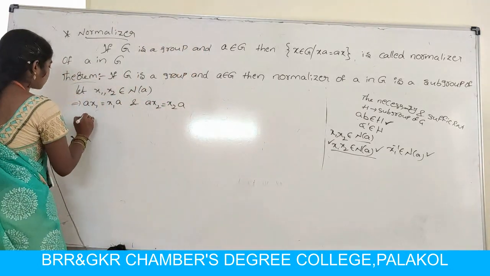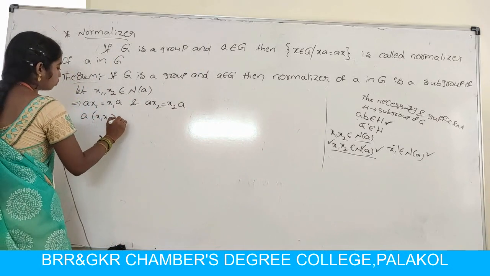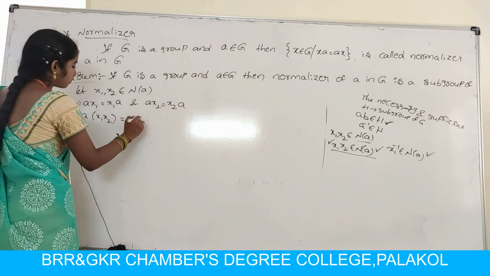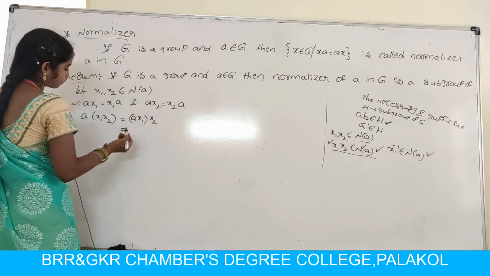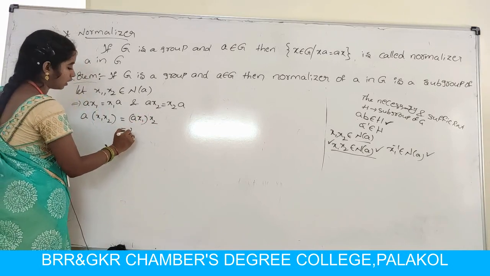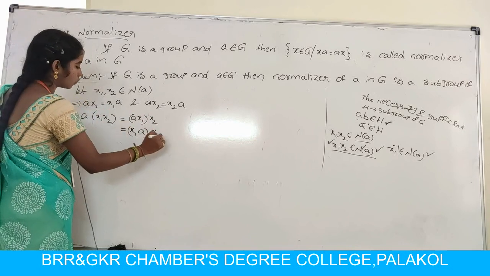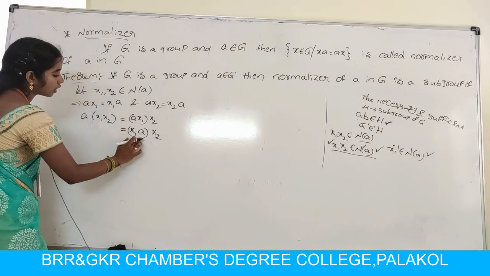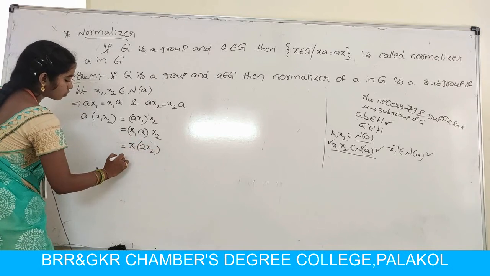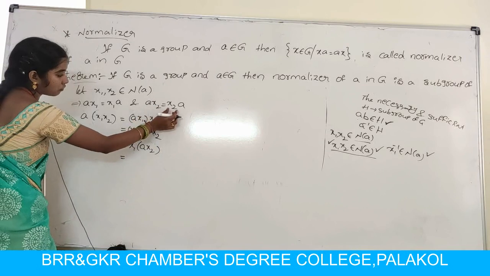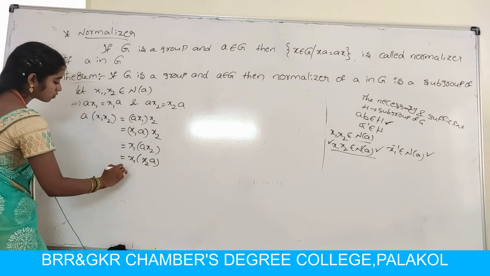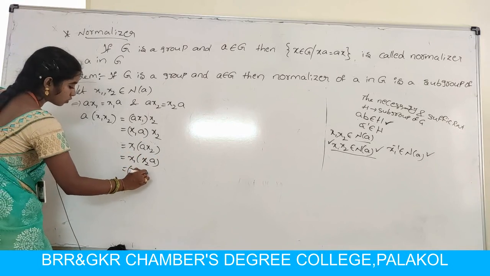So let us consider a into x1 into x2. Changing the brackets, ax1 into x2. Now ax1 can be written as x1a, so x1a into x2. Changing the brackets, x1 into ax2. Now ax2 can be written as x2a, so x1 into x2a. Changing the brackets, x1 x2 into a.